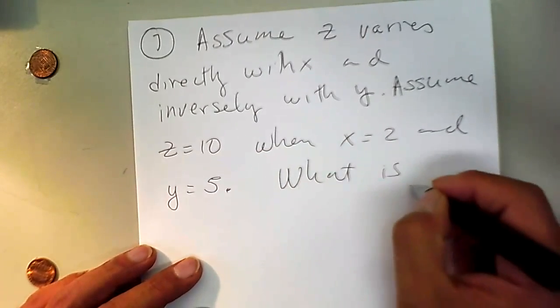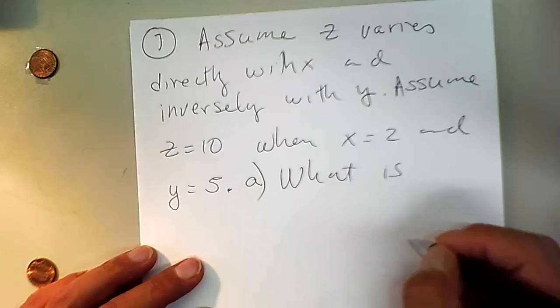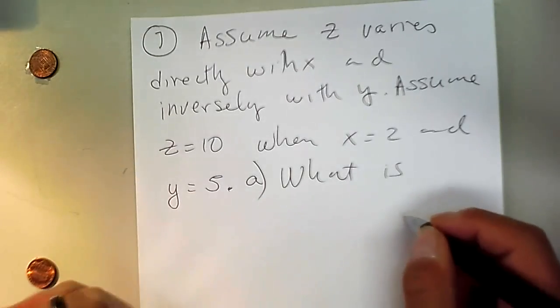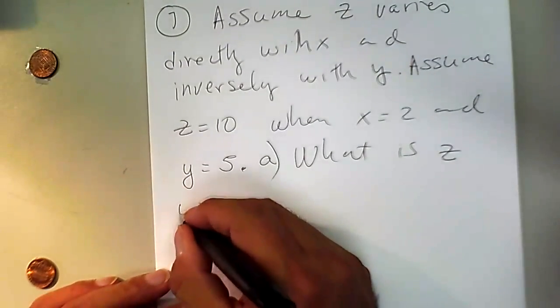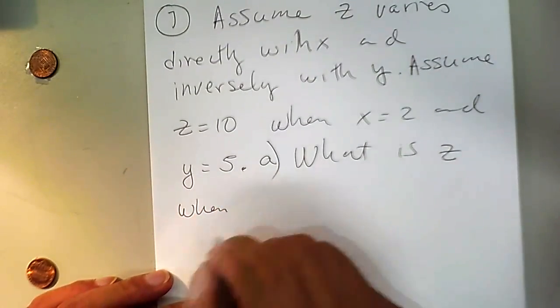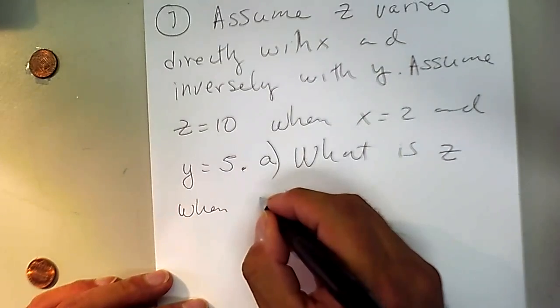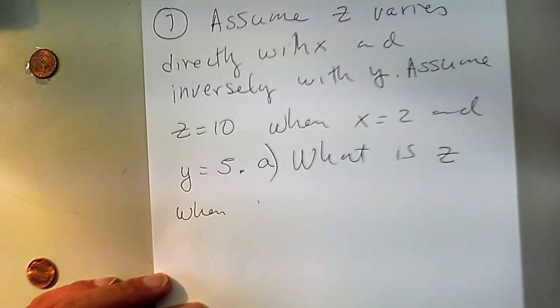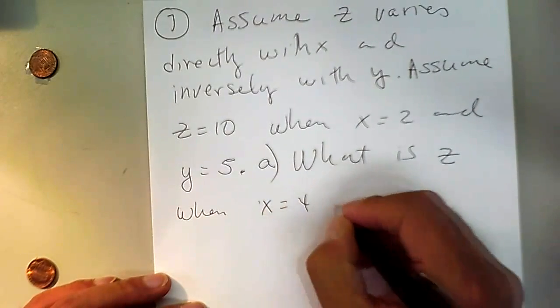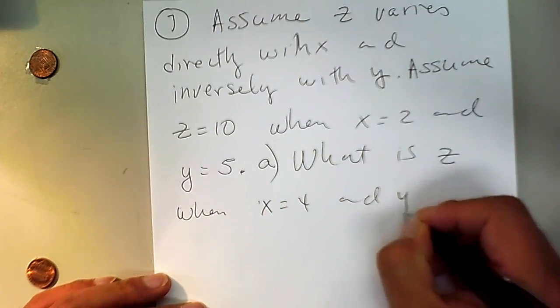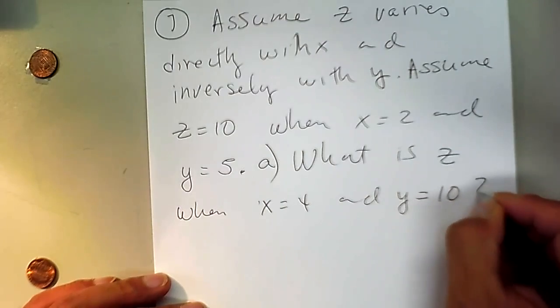Okay, let's make two questions about this. Something easy first. What is z when x equals 4 and y equals 10?